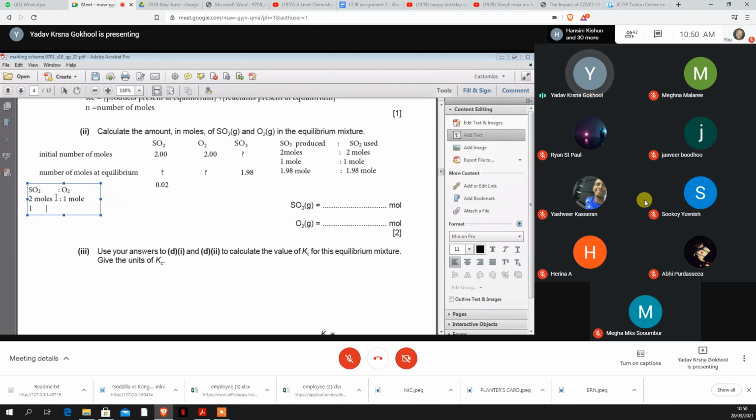So 1 mole is to half mole. So if I have used 1.98 moles here, it will be 1.98 to 0.99, 0.99.